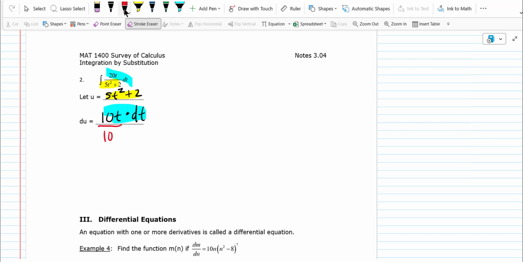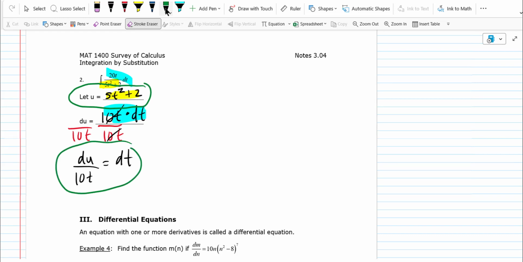Okay, so we're going to divide both sides by 10t. So you're going to have du over 10t is equal to dt. So what you have is this substitution right there and this substitution right there. Okay, and then you're going to have something that's kind of left over.